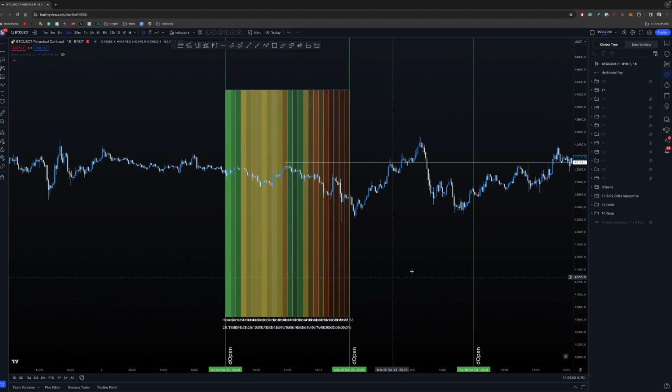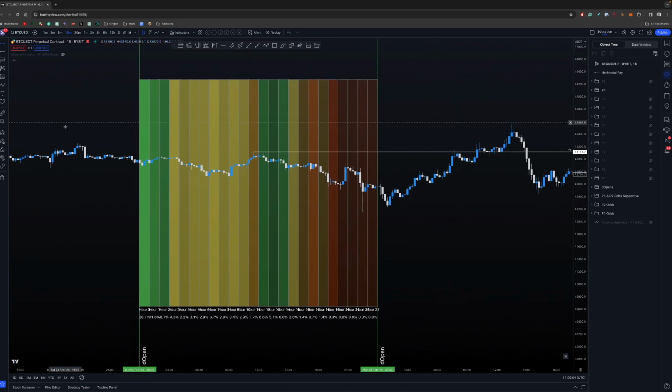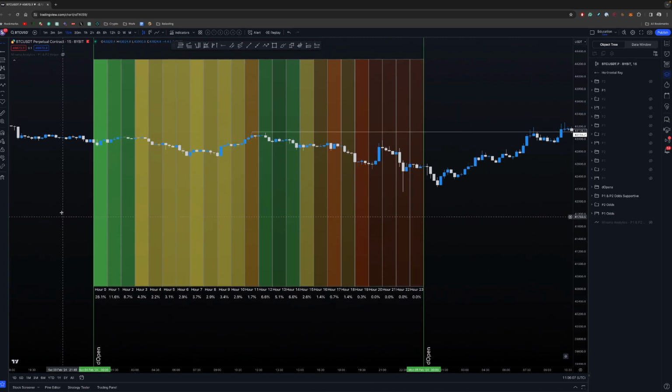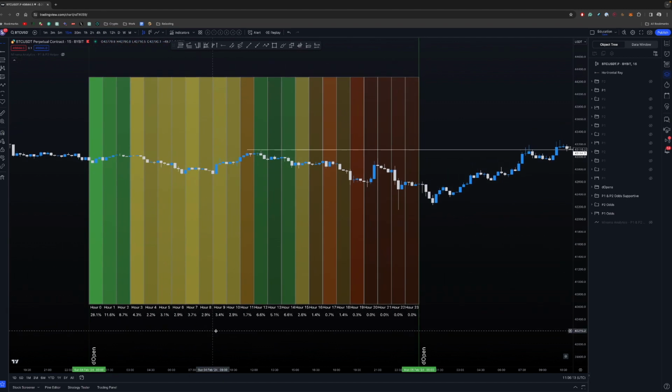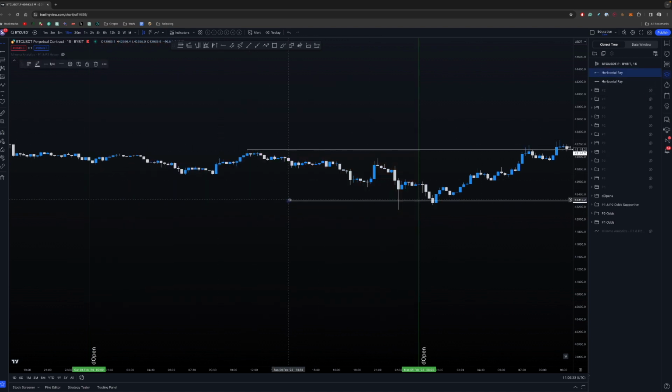I loaded it the wrong way. There it is. So if we look at the 50-minute chart, we can see this is the first hour right until here. The second hour is until here, and so on and so on. And we can see actually that today we put in the first pivot at a low probability hour, right? Hour 11, only 1.7% chance that happens. It's just statistics. So low probability events happen as well, although not that much. In this case, it happened. And then we could do the same for P2, where we look at right here.